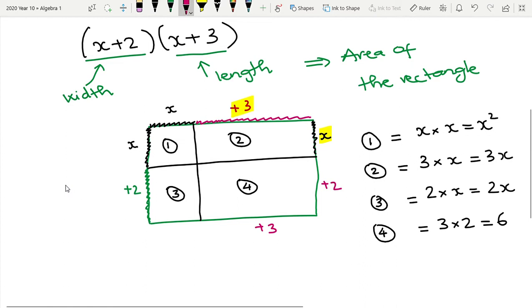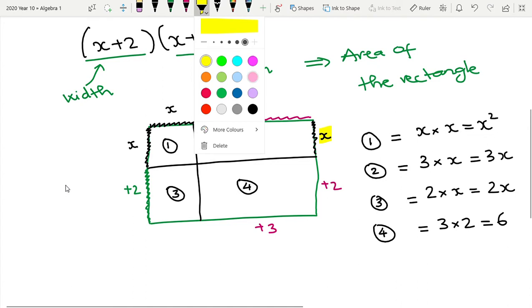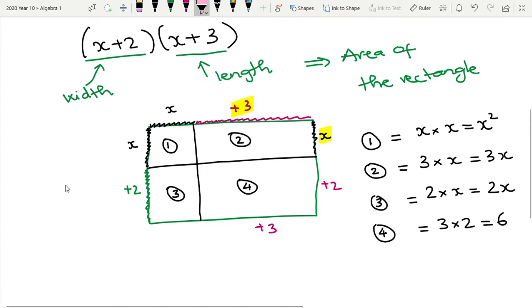So we got those 4 areas that make up the big area. You can clearly see that the big area is this one up here, the one I highlighted in pinky color. So this is the width and length of the big area, as you can see from the picture.